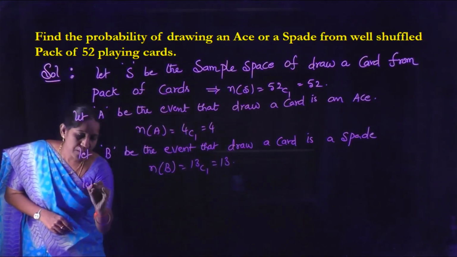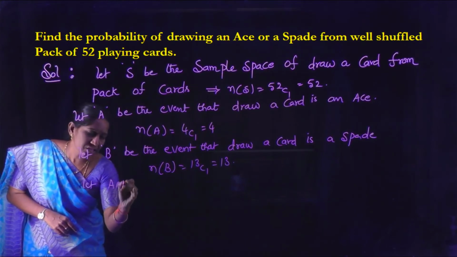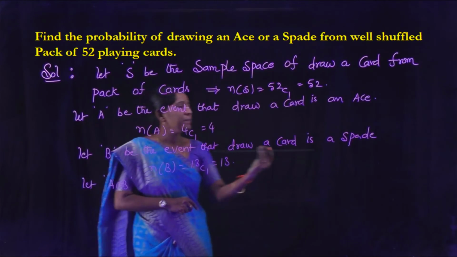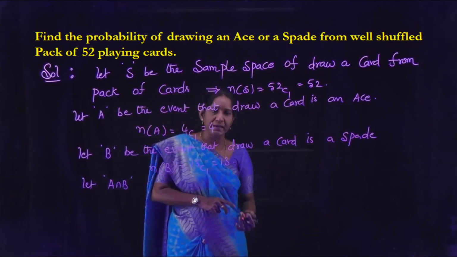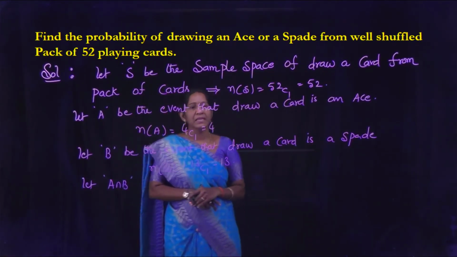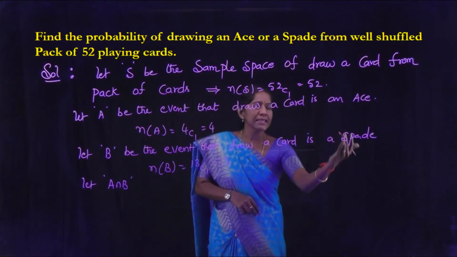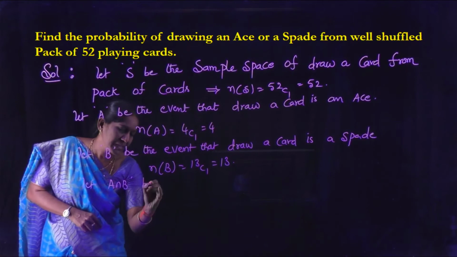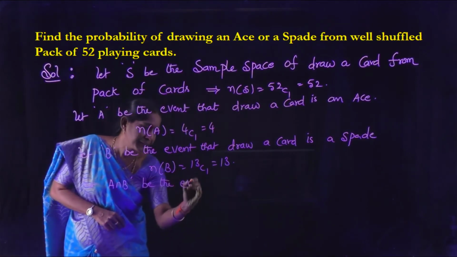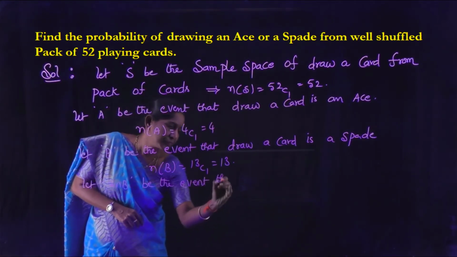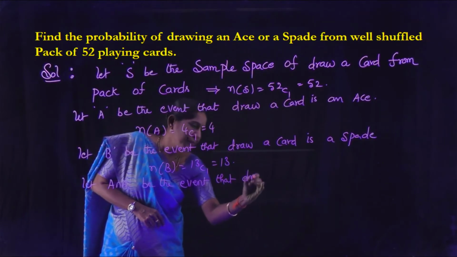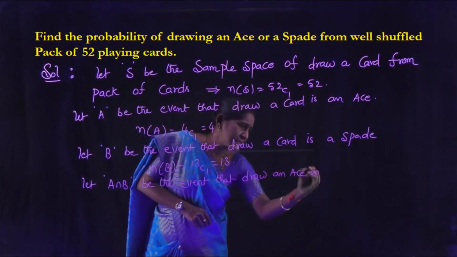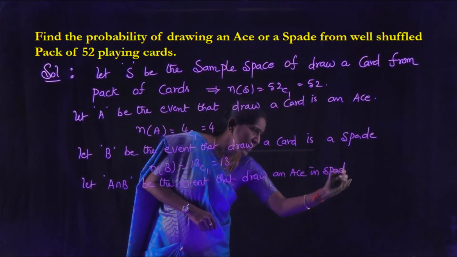And then come to A intersection B. A is the event that we draw an ace, B is the event that we draw a spade. So A intersection B means drawing an ace in spades.